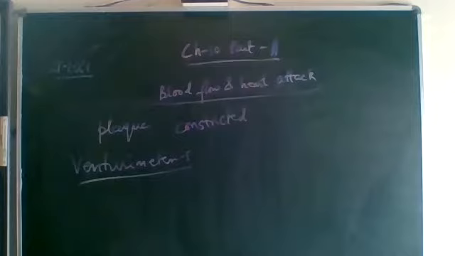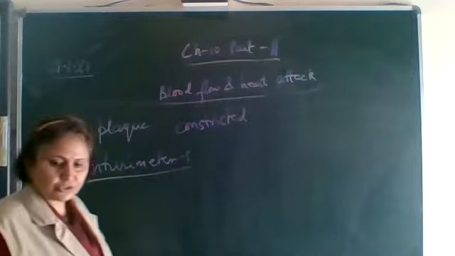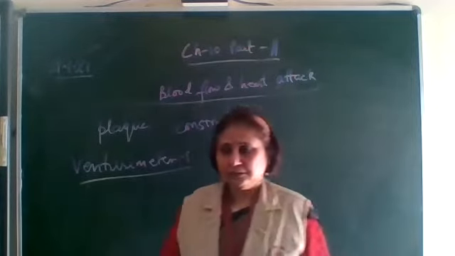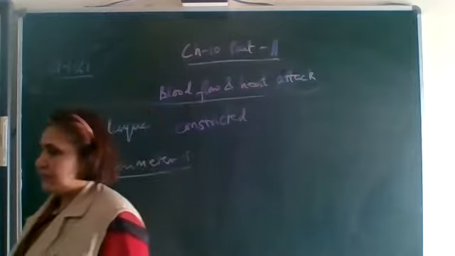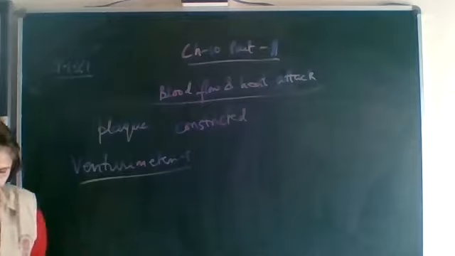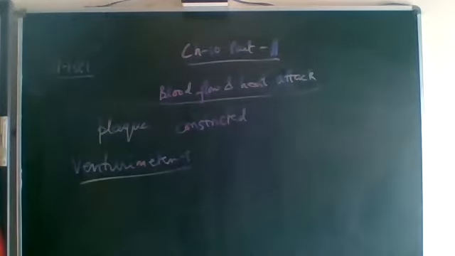So write down, a device which is used to find the rate of flow of liquid in a tube.